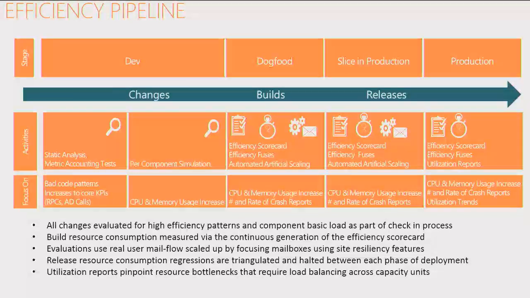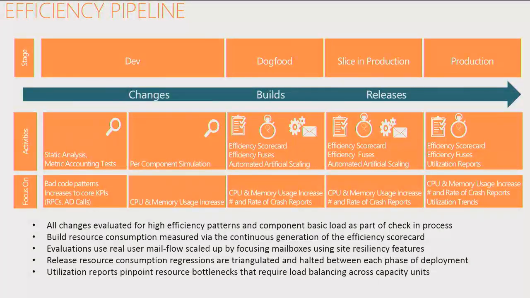We actually have to use a tool called automated artificial scaling, which essentially leverages the built-in Exchange functionality to move mailboxes around in kind of a Tetris style. Let's maximize the mail flow on a smaller subset of machines so we get to a consistent level to measure. We use that to get to production levels on a smaller scope within SDF.